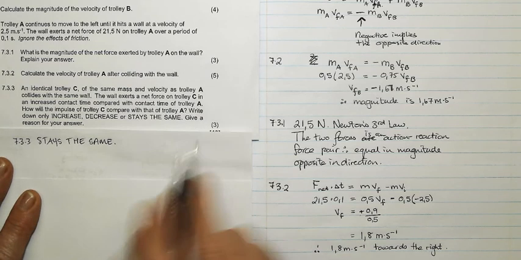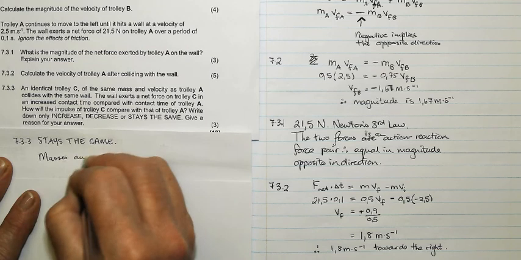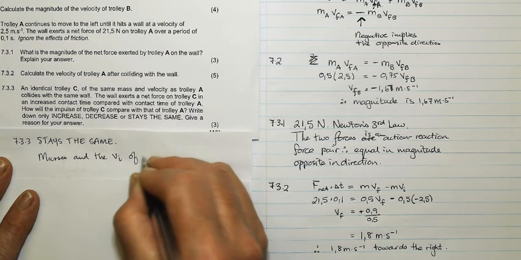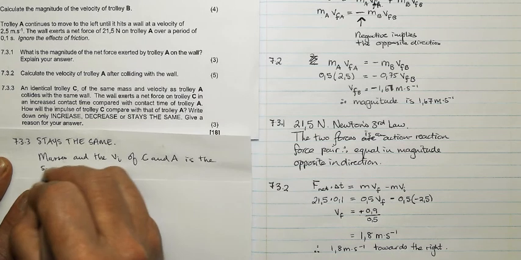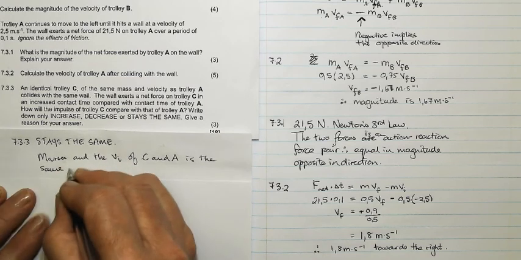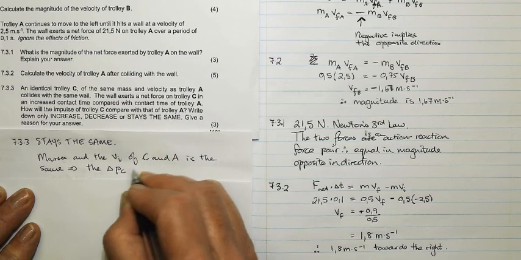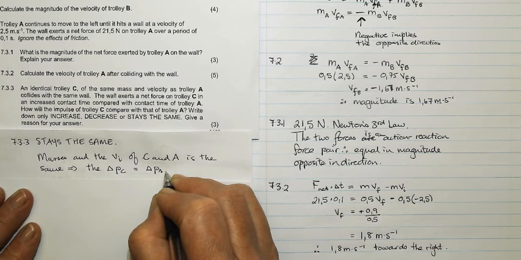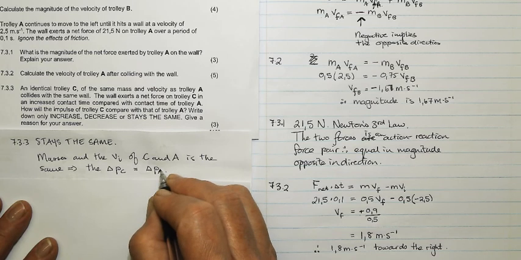So if the masses and the initial velocities of C and A are the same, it means that the change in momentum of C is equal to the change in the momentum of A. Because they have equal masses and they have equal velocities at the start, their changes in momentum will be the same.